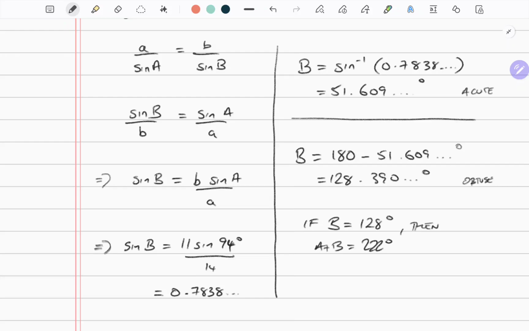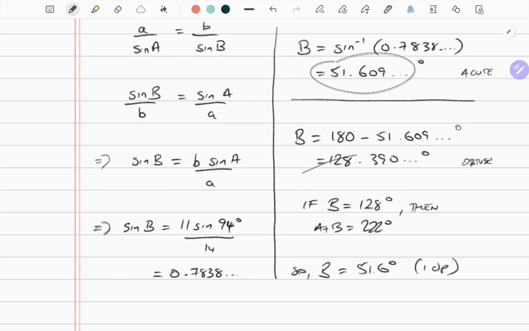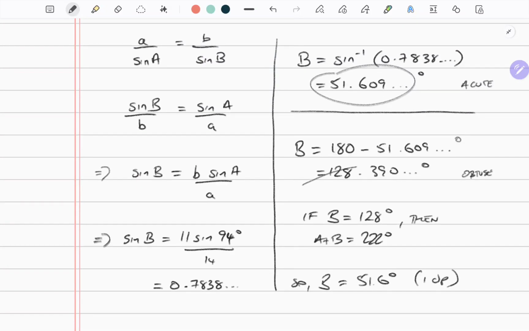So in that case, this one wouldn't be correct, but this one would be. So we will say that B is 51.6 degrees to 1 decimal place. I hope that makes sense. We just needed to make sure that the first angle we got, the acute angle, was the correct one.